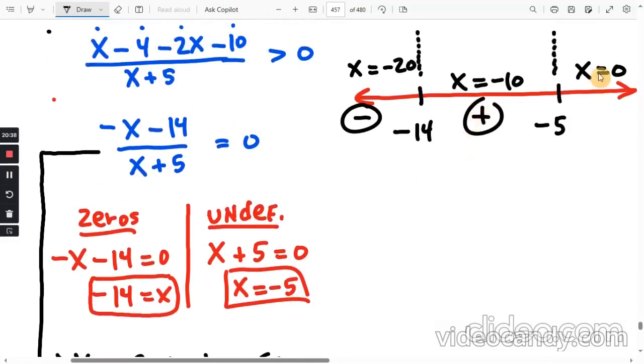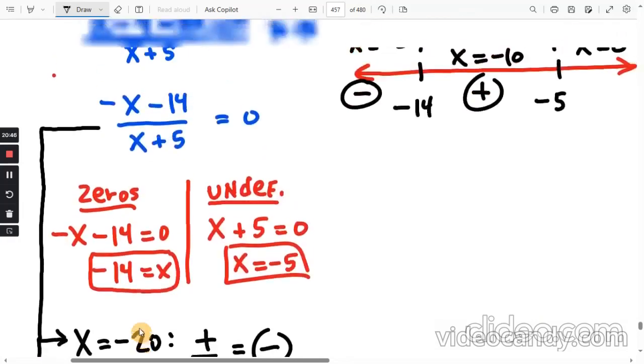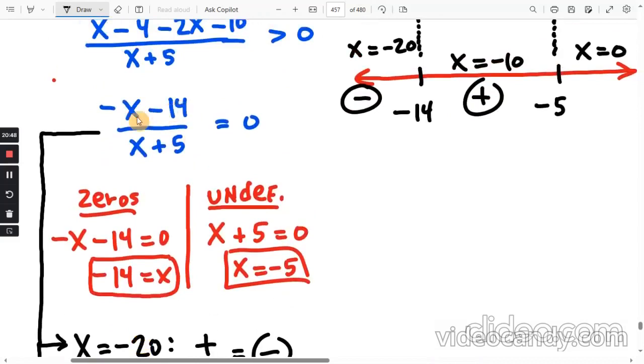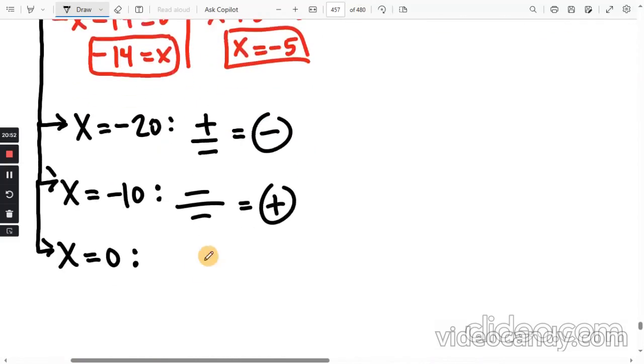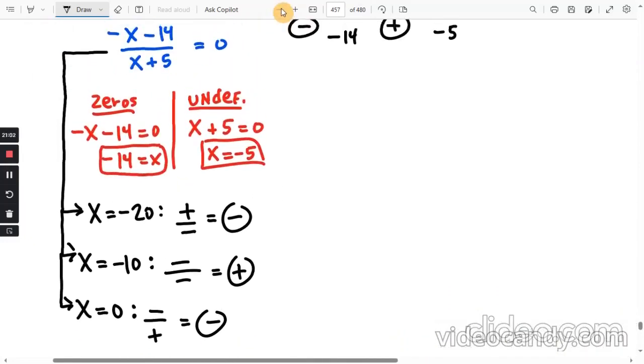And finally, x equals 0. Zero minus 14 is negative. 0 plus 5 is positive. So that's negative over a positive, and that's negative. So that's what we're looking at. In that section, it's going to be negative.